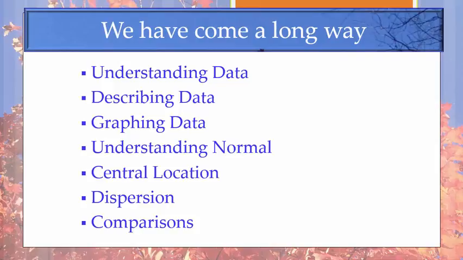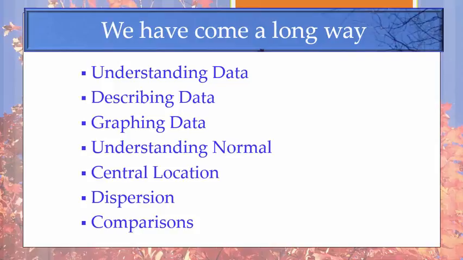So first I want to start out with what you see here in front of you, which is a summary of all the stuff we've done so far, because it is difficult to capture the importance of regression without understanding how we have arrived at the point with which we are.